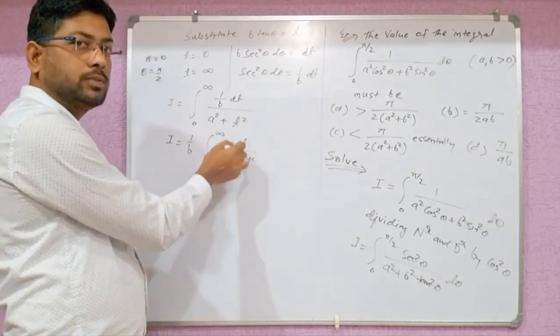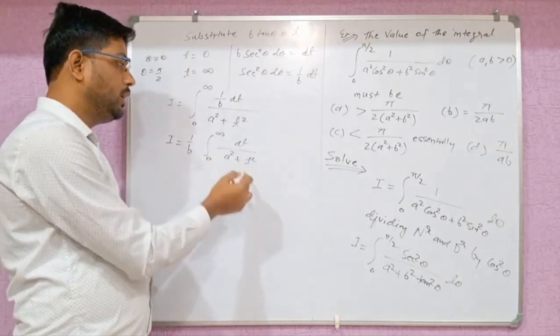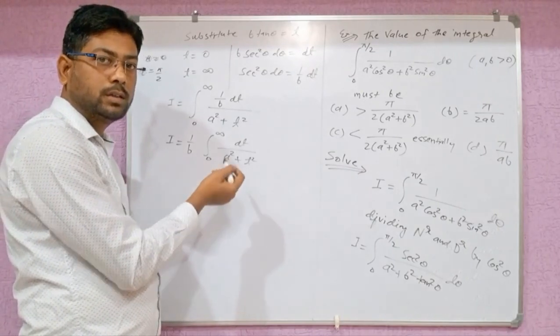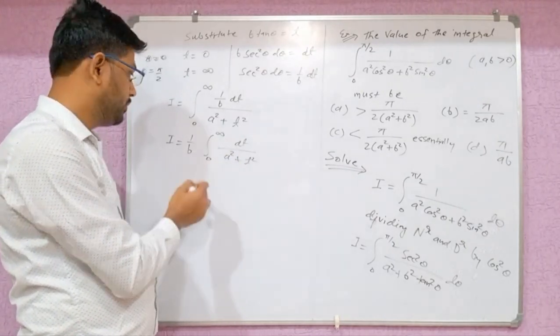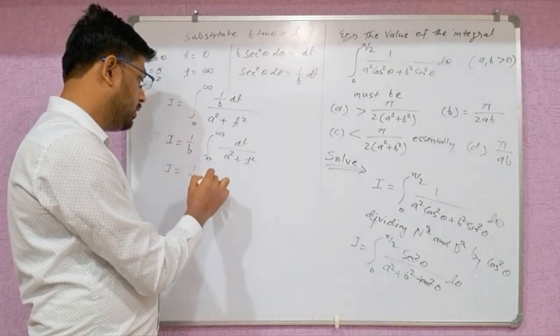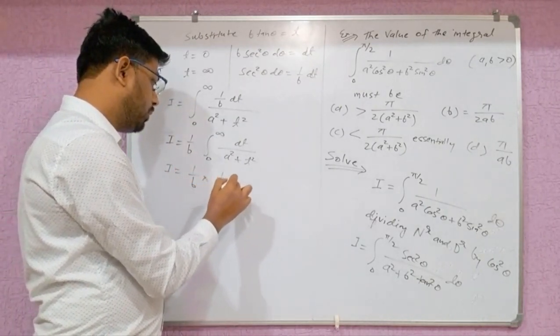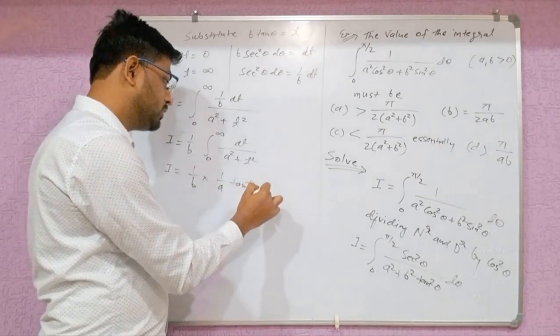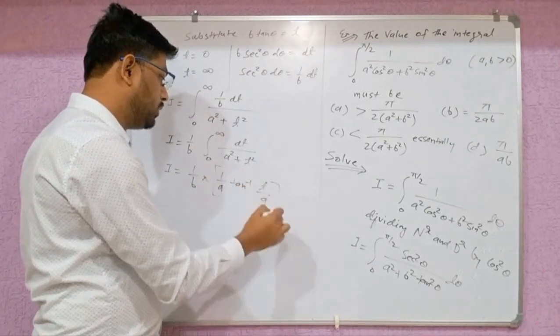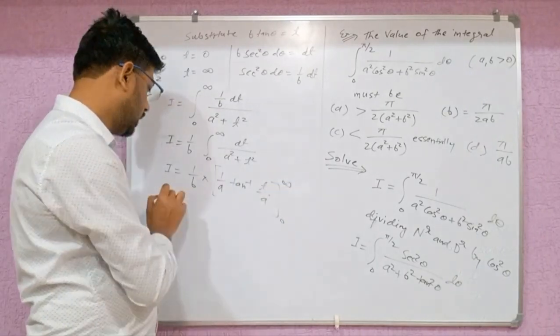Now integration of this function I know already. Integration of this will be 1 by a tan inverse t by a. So I is equal to 1 by b into 1 by a tan inverse t by a, and limits of this will be 0 to infinite.